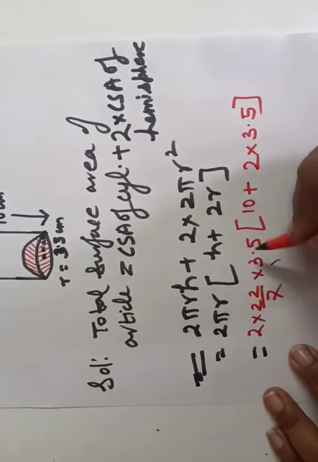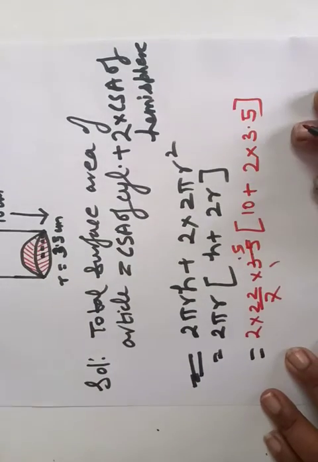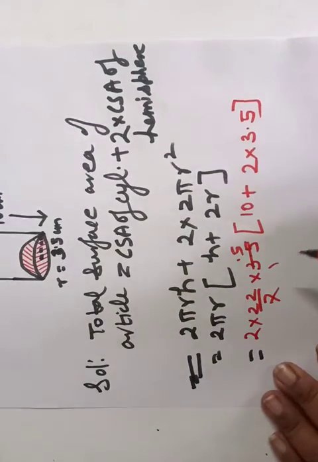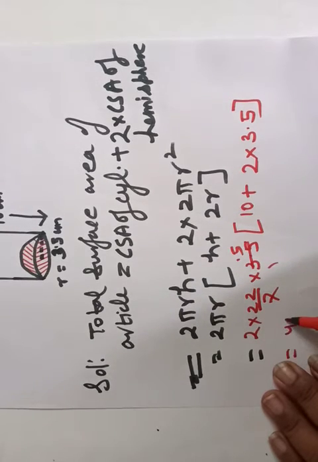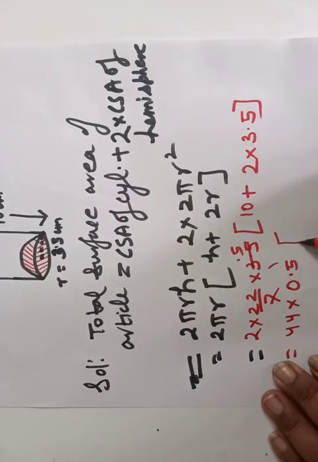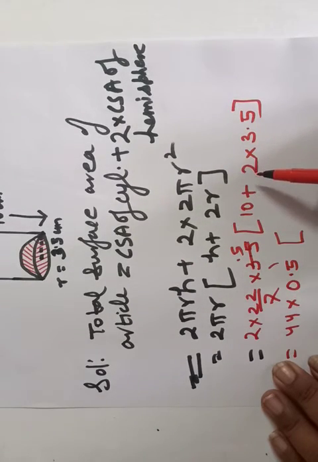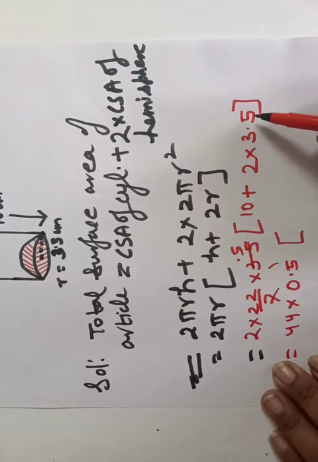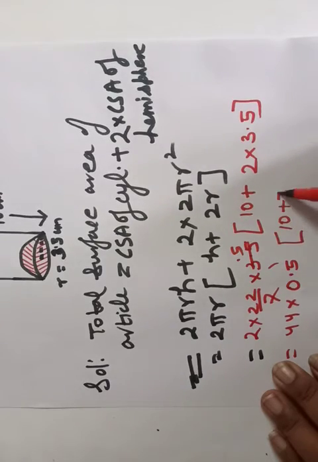So 7 1s are 7, 7 5s are 3.5. So we are left with 22 into 2, that is 44, into 0.5, and 10 plus 2 into 3.5, that is 7. 2 5s are 10, 2 3s are 6, plus 1 is 7, so 10 plus 7.